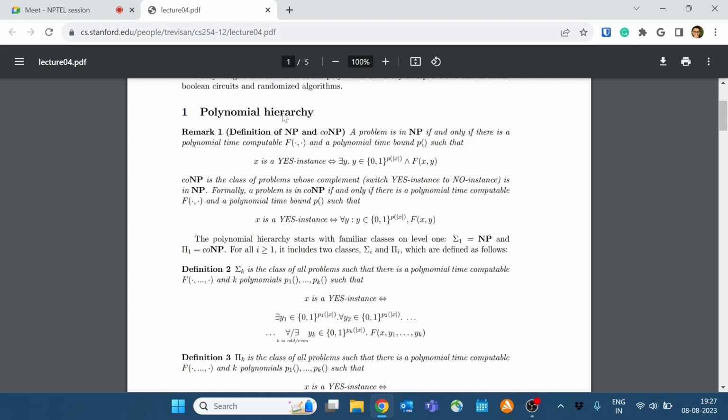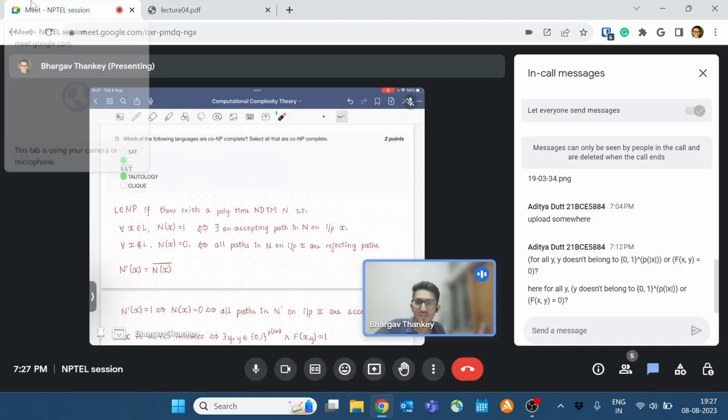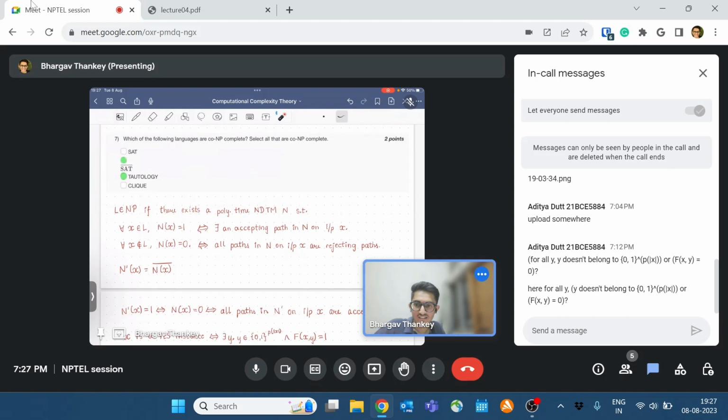Okay, so let's do one thing. Let's go back to the problem, because I don't see any way of resolving this. So at least the NP thing is clear, right?